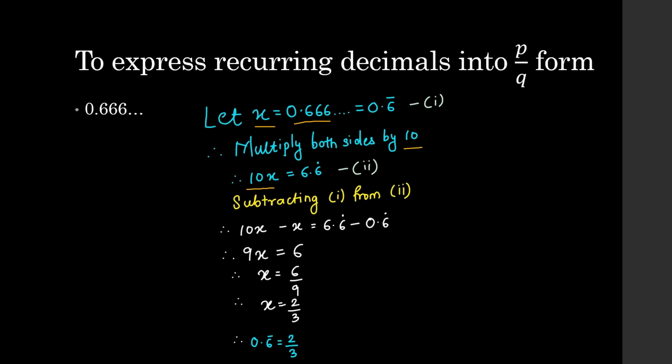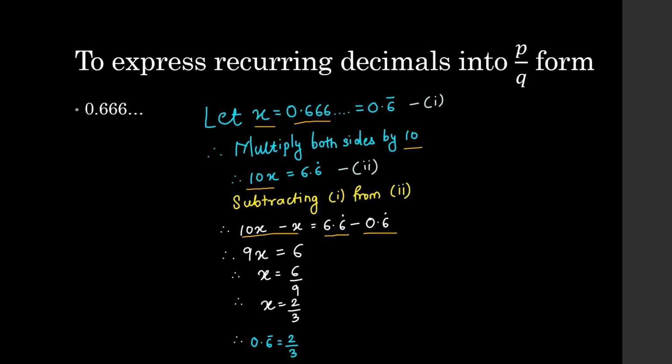One is x is equal to 0.66 recurring, the other is 10x is equal to 6.66 recurring. Now I'm going to subtract both the equations. Since 10x is greater, I will subtract 10x minus x. LHS will be subtracted with LHS, RHS with RHS: 10x minus x is equal to 6.6 recurring minus 0.6 recurring.